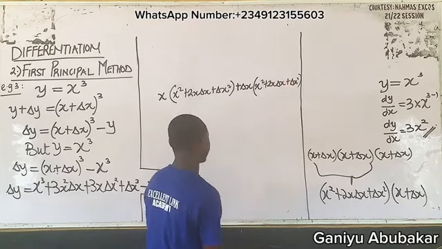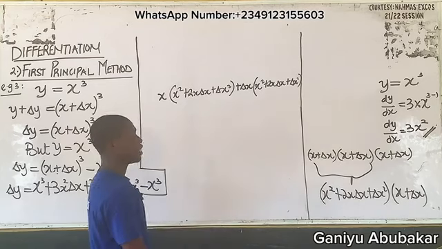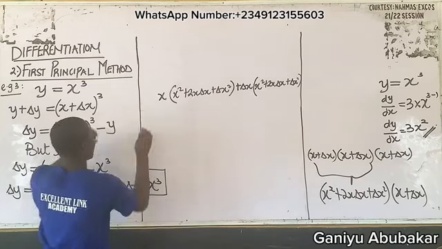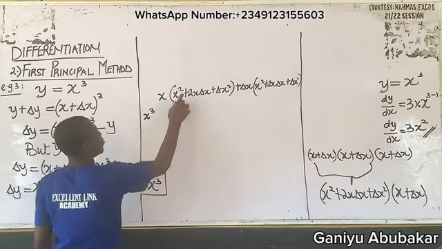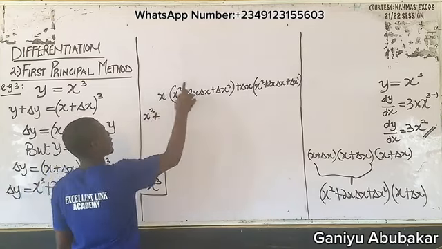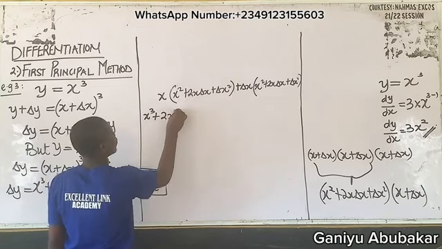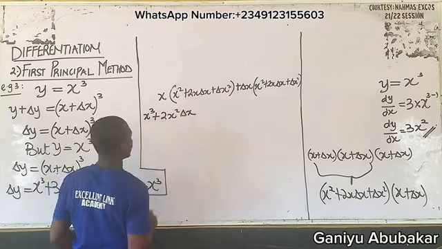So I have this. The next task is to expand through: x times x squared is x cubed, plus x times 2x change in x becomes 2x squared change in x.